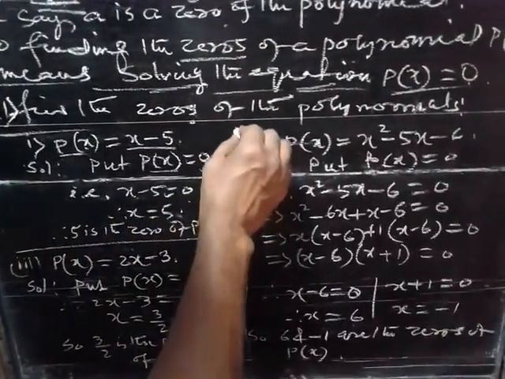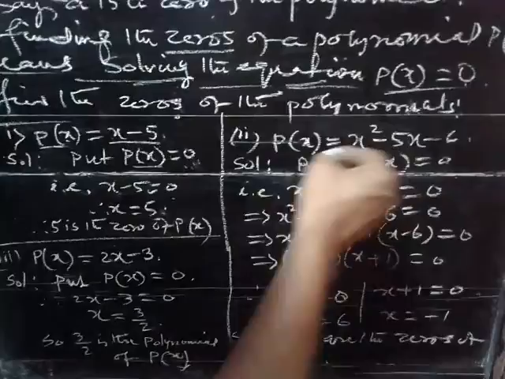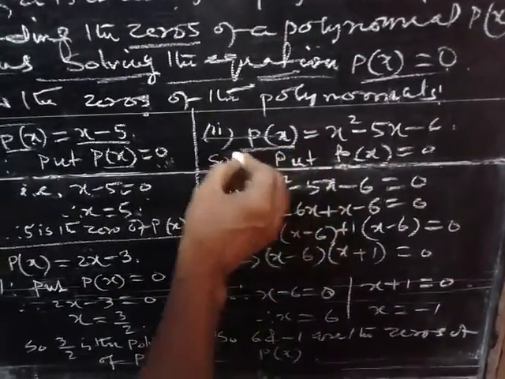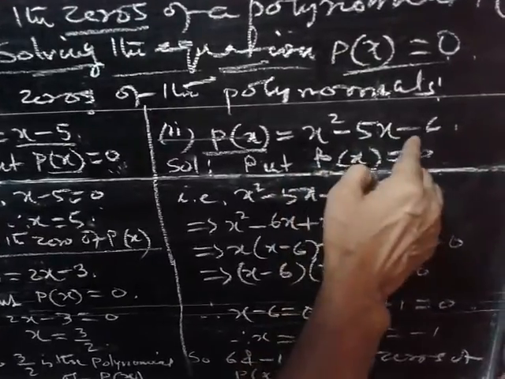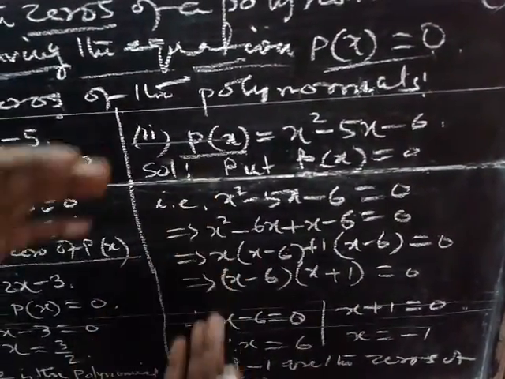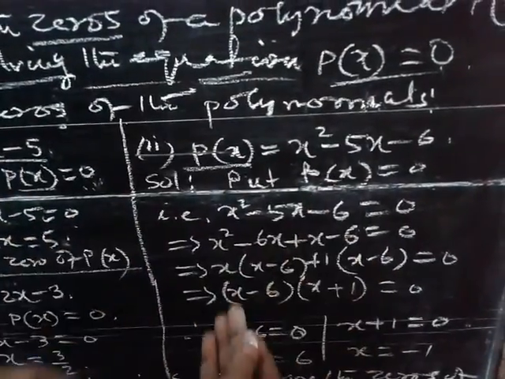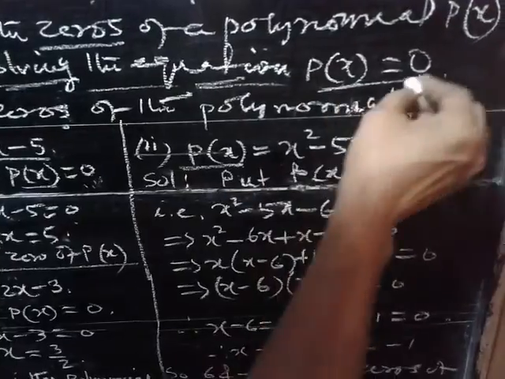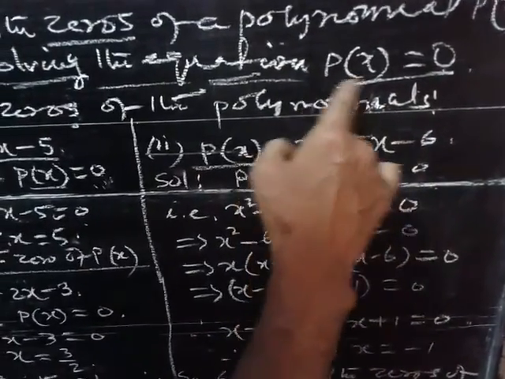Now if I take another polynomial, you can understand better. See number 2. It is given the polynomial p(x) equal to x square minus 5x minus 6. To find the zeros of this polynomial, we just make one equation, that is p(x) equal to 0.